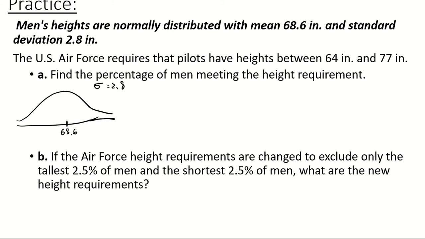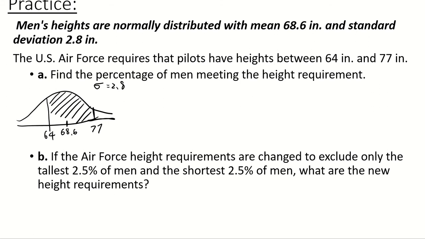Right. And I want to find the height between 64 inches, which is kind of around, let's say it's here, 64, and 77, let's say it's here, 77. And so the percentage of men meeting this requirement will be this shaded area.